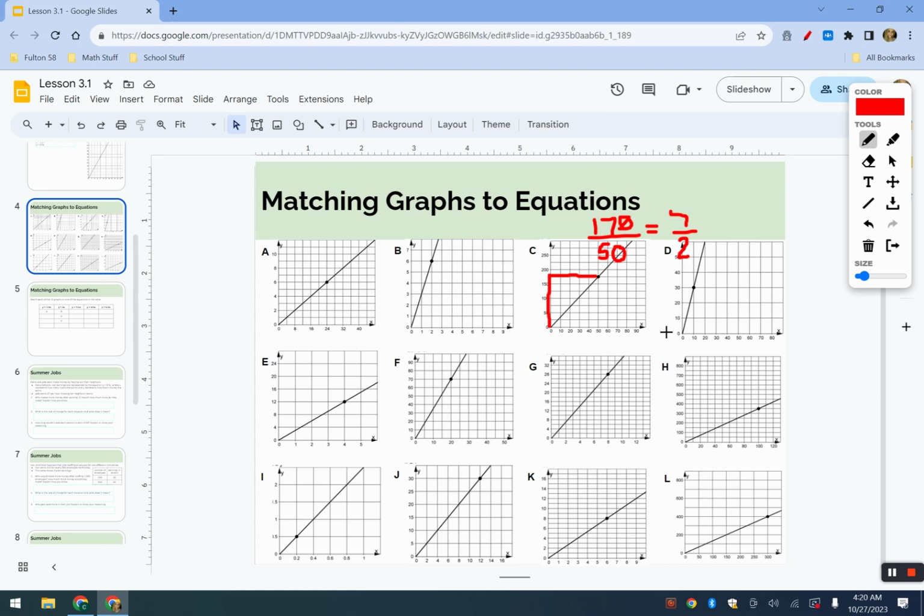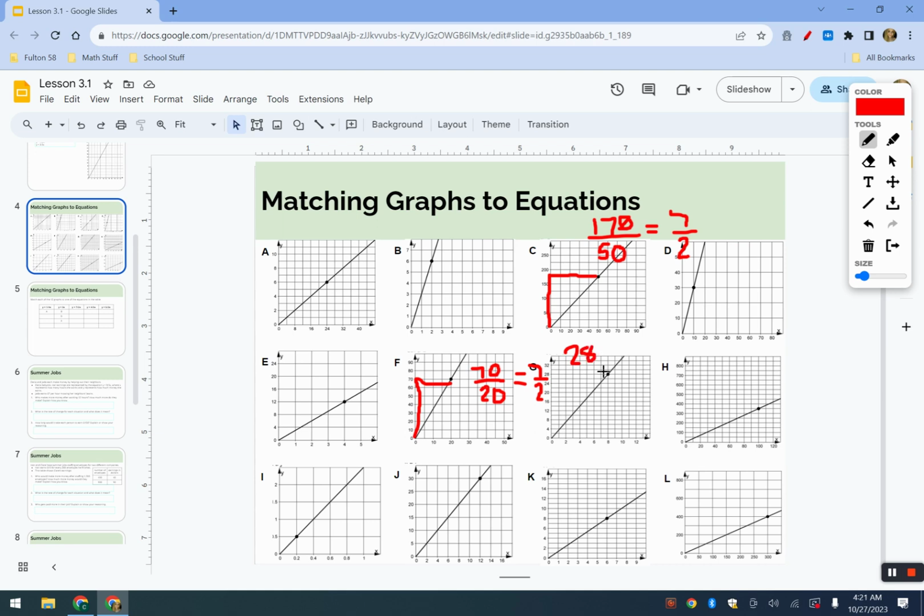The next one is going to be F. So this one we go up 70 and over 20. And so both of these can be divided by 10. And that gives us 7 over 2. Another one is actually going to be G. It's going to be G and H. So for G, we go up 28 over 8.